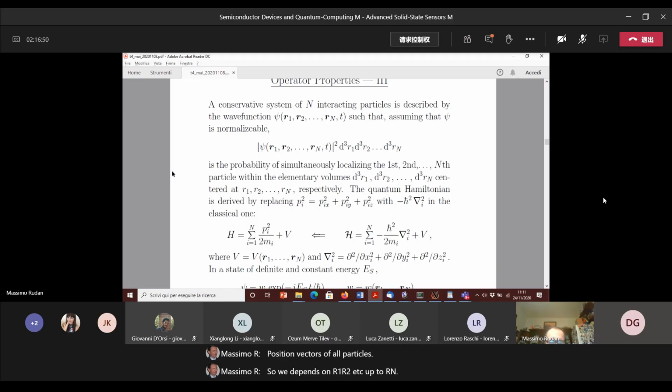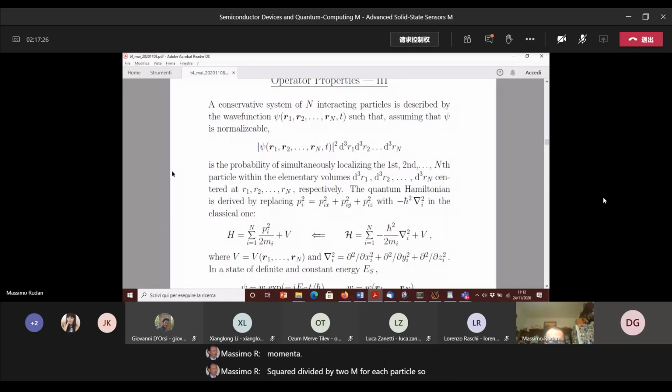Then we define the total energy of the system, and you can see it written on the left of the arrow. The total energy, that is the Hamiltonian function in classical mechanics, is the sum of the kinetic and potential energy. The kinetic energy, as usual, is the sum of the individual momenta squared divided by 2m for each particle.